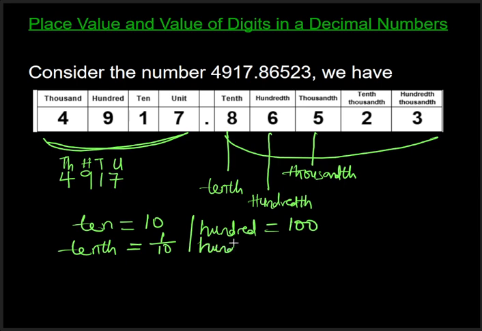But when we are looking at hundredth, that will give us 1 all over 100. So the th means 1 all over. The same thing goes for thousand, 1000. When you are looking at thousandth, you now have 1 all over 1000. So that's the pattern for place value of decimal numbers. It's divided into two: the part of the whole number and then the part of the fraction.